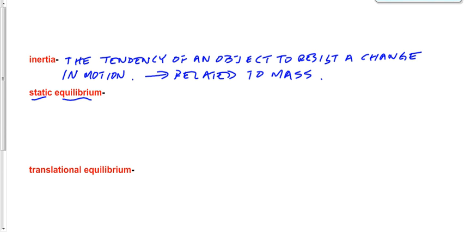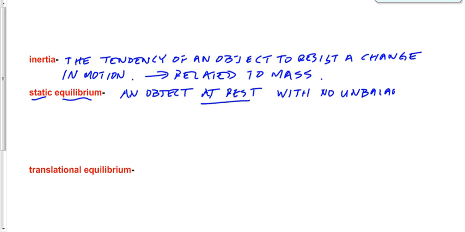So what does the word static mean? Yeah, not changing, not moving. So we're talking about a not moving balance here. When we talk about static equilibrium, we're talking about an object at rest, an object that's not moving, with no unbalanced forces acting on it.